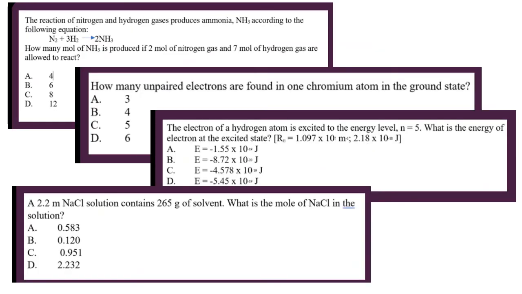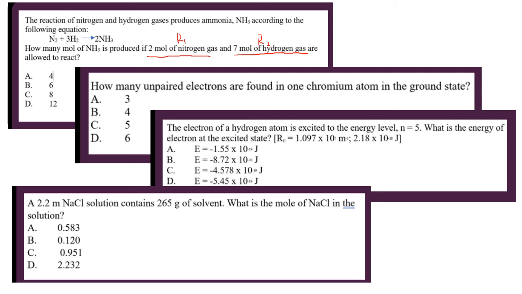Okay, the coming question is related to the limiting reactant. When we look here, you are given 2 mole of nitrogen gas and 7 mole of hydrogen gas. So you are given information for both reactants. If the quantities of both reactants are given, we have to identify the limiting reactant.